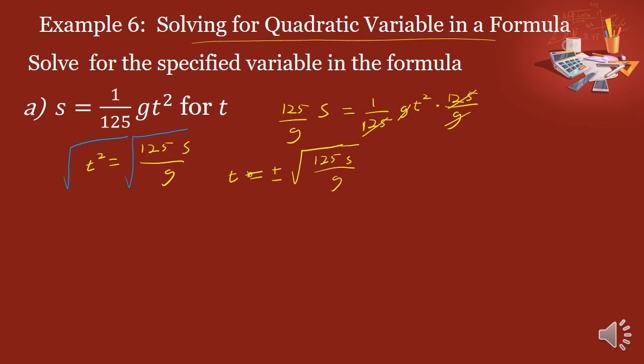Of course, 125 is equal to 25 times 5, where 25 is a perfect square. So this gives us plus or minus the square root of 25 times 5 times s over g, and we can factor out the 25 and take the square root of that, and we will have plus or minus 5 times the square root of 5s over g.